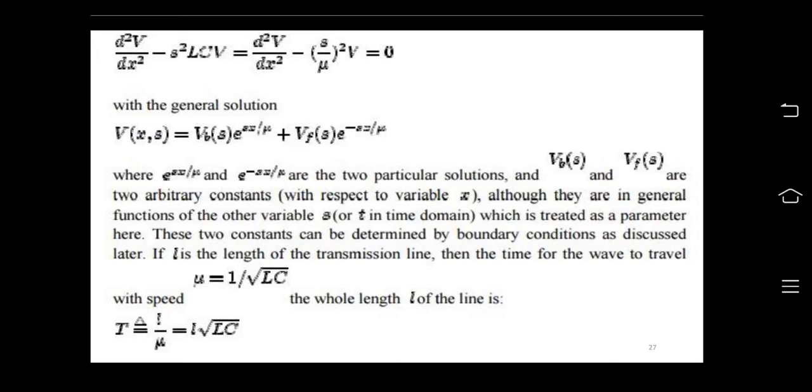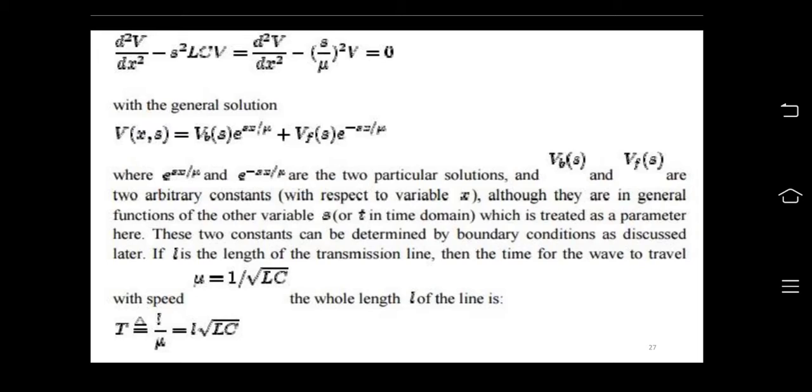Here e power s x by mu and e power minus s x by mu are two particular solutions, and Vb of s and Vf of s are the backward and forward voltages, which are constants with respect to the variable x. Although they are general functions of the variable s, or t in the time domain, it is treated as a parameter here.